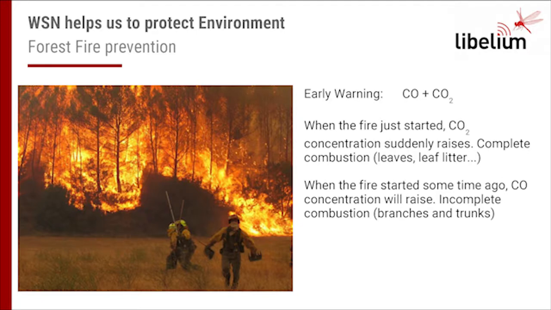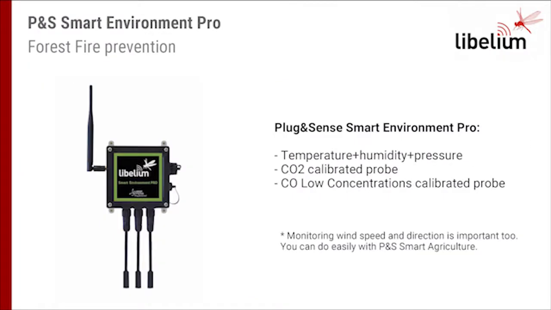This is very useful for taking all the decisions related to the preventive actions. When the fire has just started, the early warning is based on the concentration of CO and CO2. When the fire has just started, CO2 concentration suddenly rises because of the complete combustion of leaves, leaf litter, etc. When the fire started some time ago, the CO concentration will rise because of the incomplete combustion of branches, trunks, and trees in general.